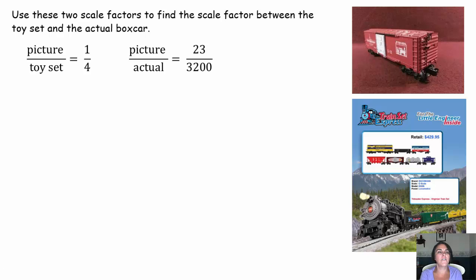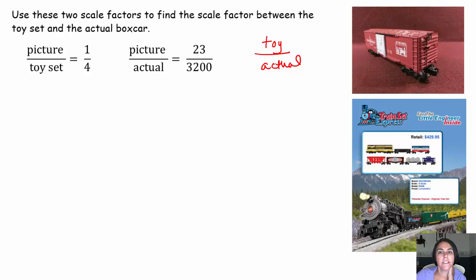Let's take a look at a final example for tonight. Use these two scale factors to find the scale factor between the toy set and the actual. So what I need for you to do is pause the video, try it out, come on back. Okay, so I know I want toy set to the actual. So that means I want the toy set to end up in my numerator, the actual to end up in my denominator.